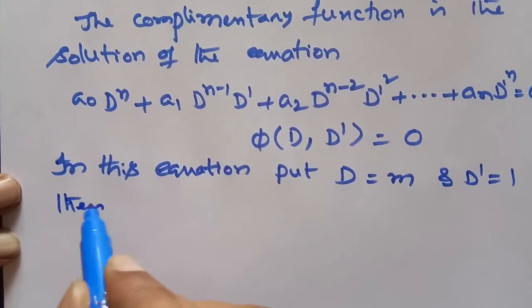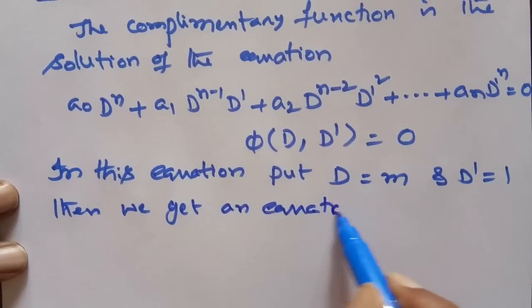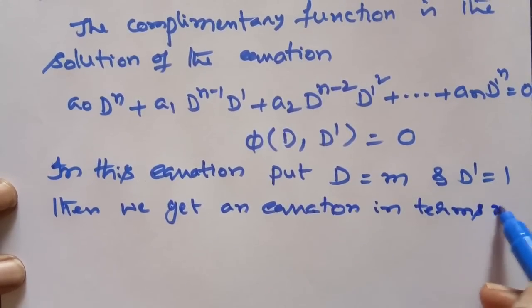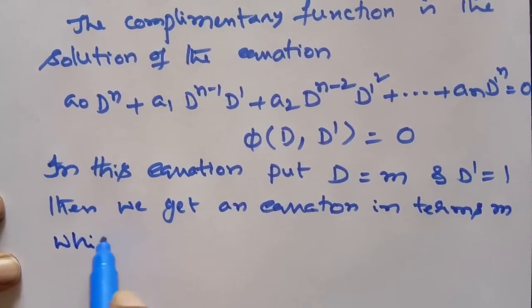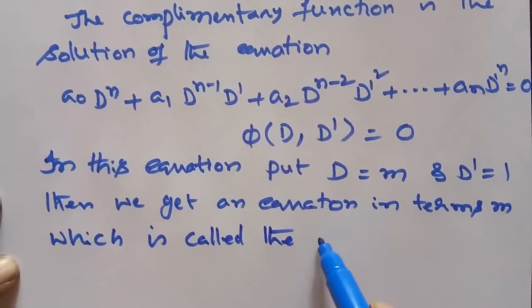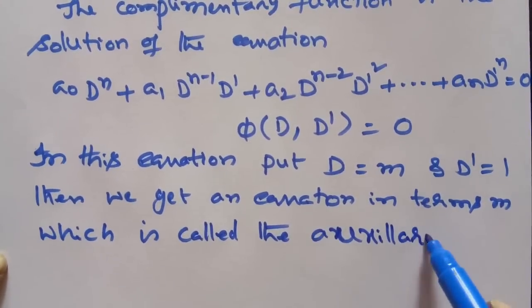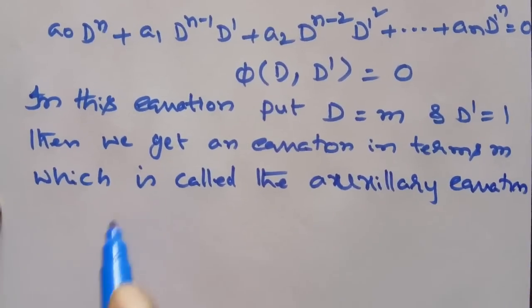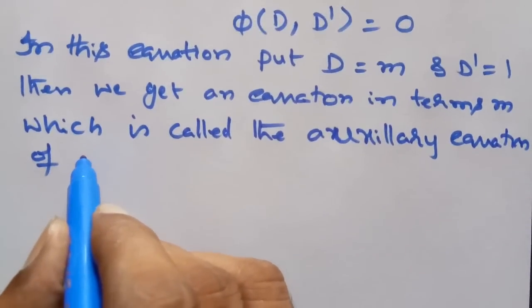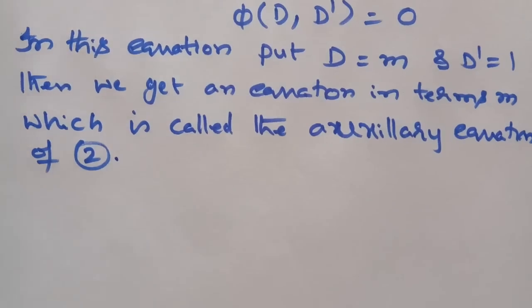Then we get an equation in terms of m, which is called the auxiliary equation of equation 2, already written.